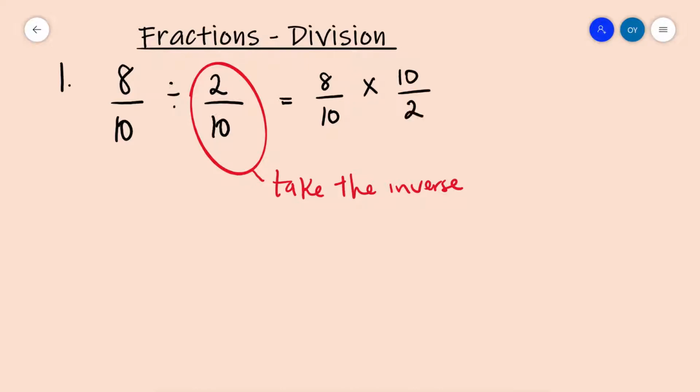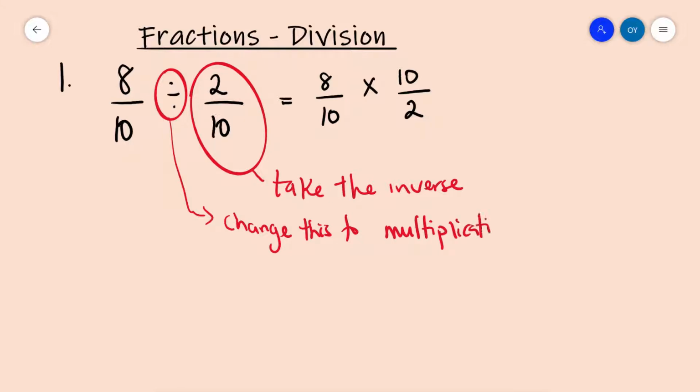Then the third step is to simplify by dividing with the highest common factor or greatest common factor, and this you can divide across or above and below. That is the numerator and the denominator.